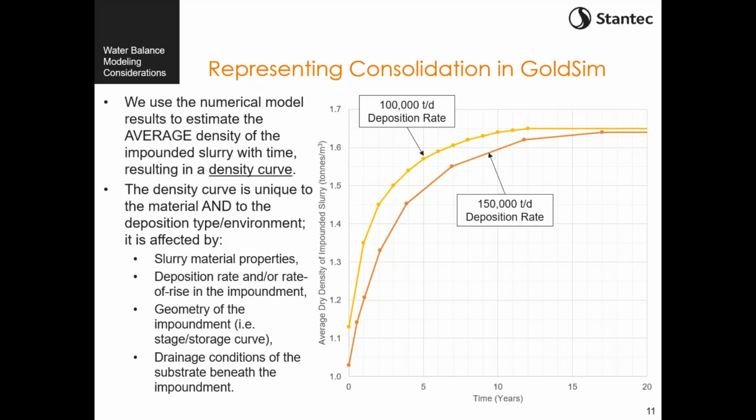Now, if you're using FLAC or some of these other more advanced codes, then you'll have to convert from element level densities to an average impoundment density. All right, so thanks for that question. For the sake of time, I'm going to go ahead and move on. I hope that's answered, but if not, feel free to reach out to me by email, or at the end, if we have time, feel free to bring this question up again.